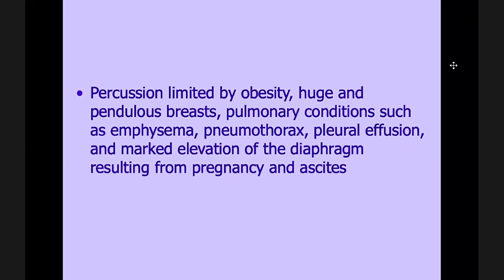Percussion may be limited when your patient is obese or there is a huge and pendulous breast. Also in pulmonary conditions like emphysema, pneumothorax, or pleural effusion, and marked elevation of the diaphragm secondary to pregnancy or from ascites.